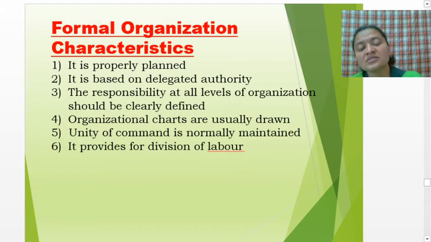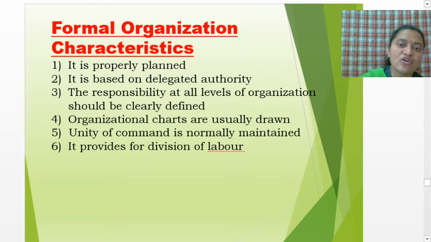The next one: the responsibility at all levels of the organization should be clearly defined. What responsibility is there at all levels? It can be the top level management, middle and lower level management. The responsibility should be clearly defined, because there should not arise any kind of confusion in the organization. Each and every worker should understand what work has been allotted to them and what responsibility has been given to them, so accordingly they can do the work properly.